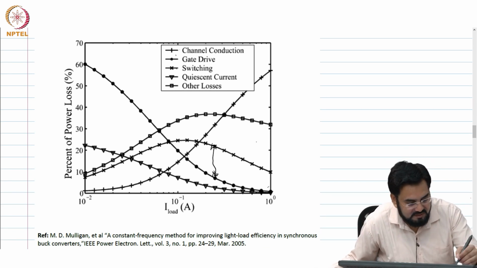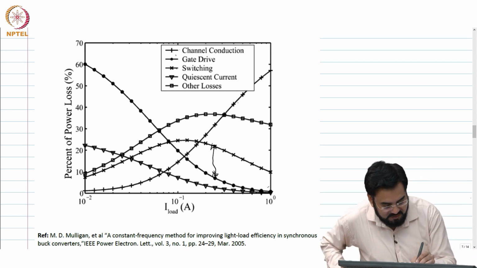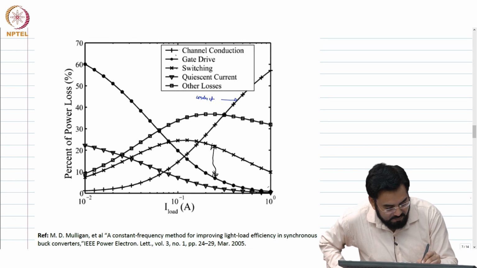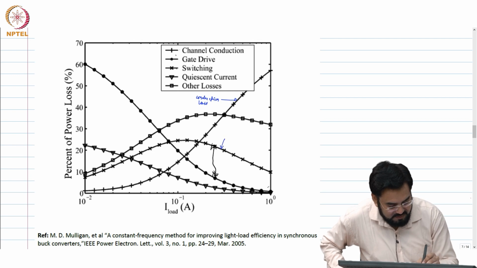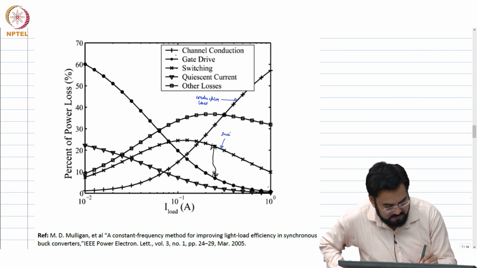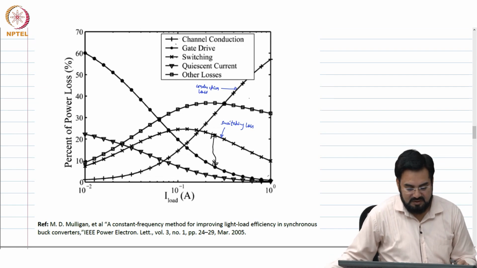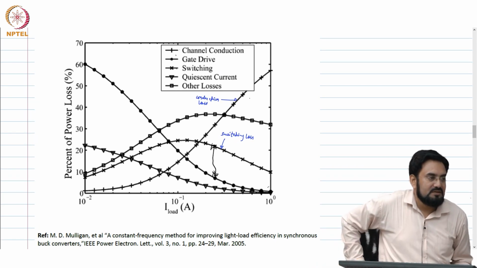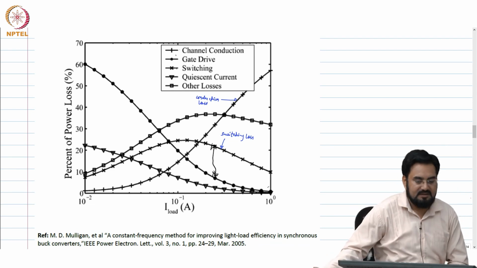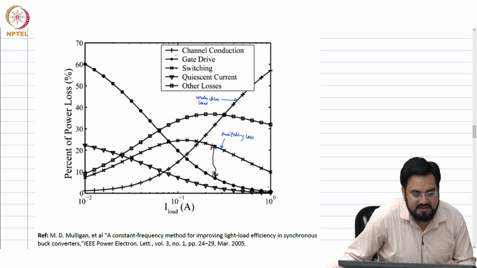Let me write it here too. So, this is your, and this is your, okay. So, what will happen at very high load? Your conduction loss will start dominating, and that is what you see here.